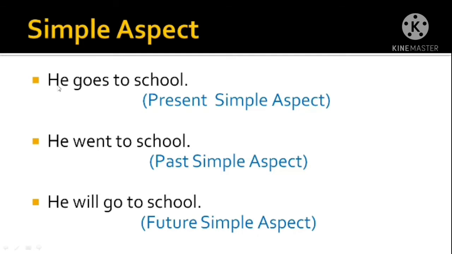To school is the adverbial of place. Where does he go? He goes to school. So you are getting the answer for where, and that's why this to school functions as the adverbial of place. So it's a simple formula here. Subject plus V1, generally we call it V1, but already in the previous lecture I told you about V1, V2, V3, V4, V5, right?